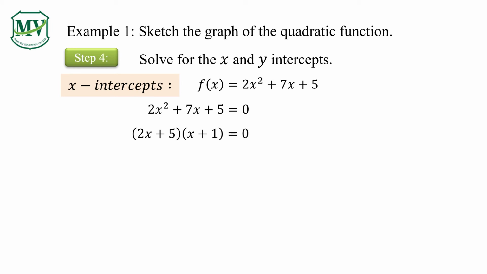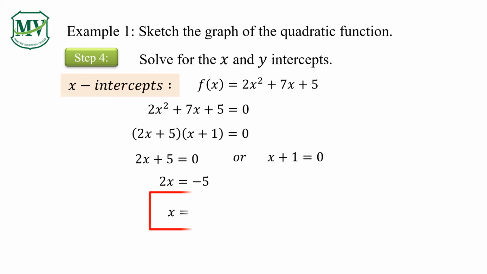After getting the factors, equate them to 0. So we will have 2x + 5 = 0 and x + 1 = 0. Then we can now get the values of x. 2x + 5 is equal to 0. We will have 2x is equal to negative 5. Divide both sides by 2.